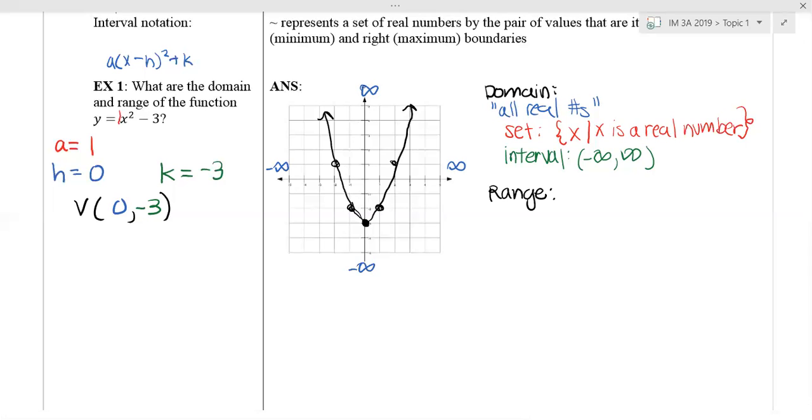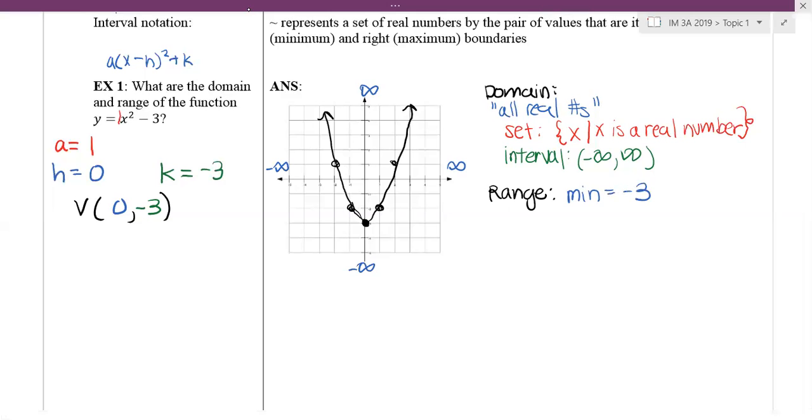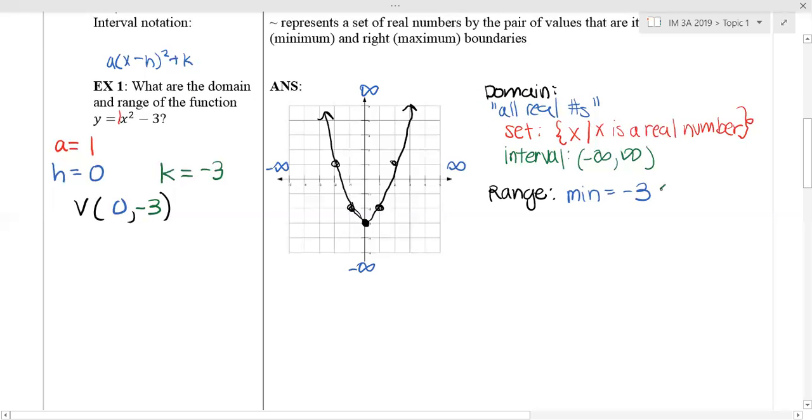I can see that I have a parabola with a minimum value that equals -3. Notice that's my k. So this function, because it's pointing upwards, has a minimum value of -3.